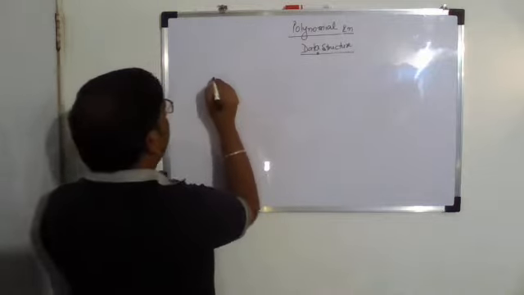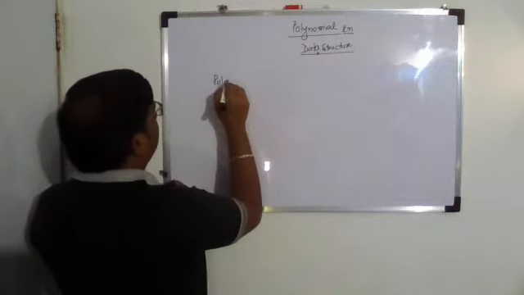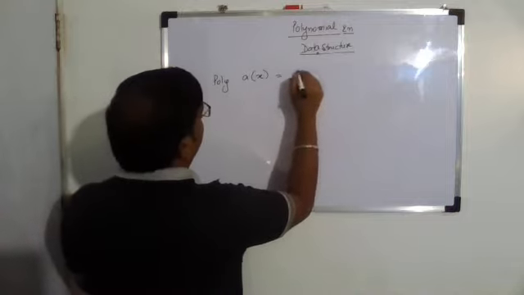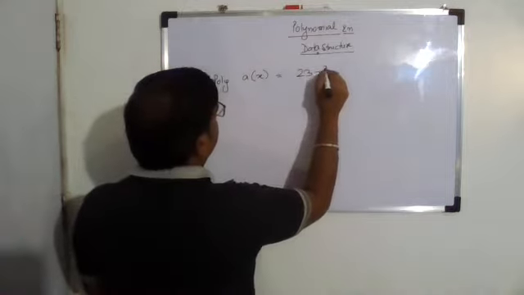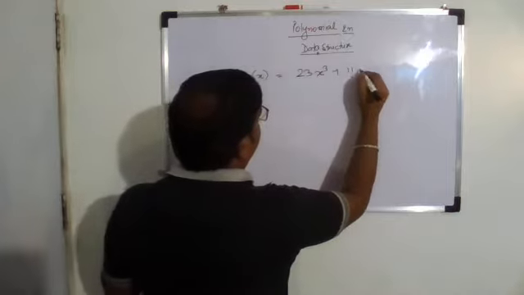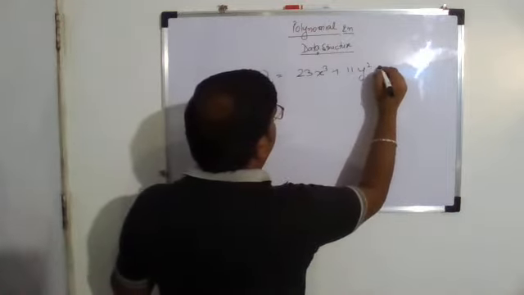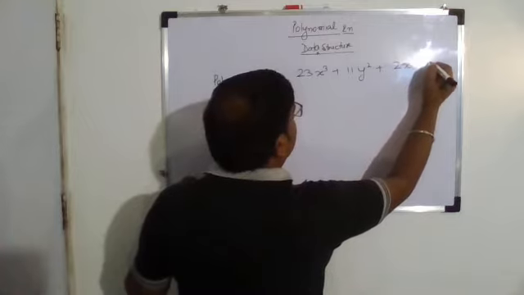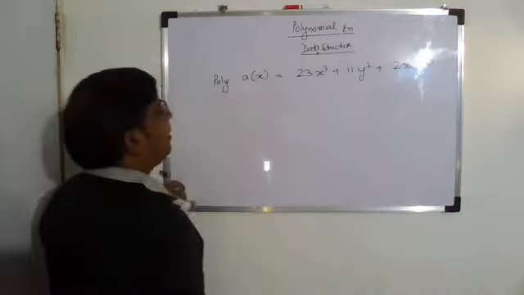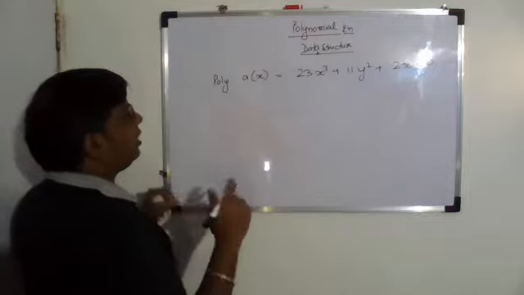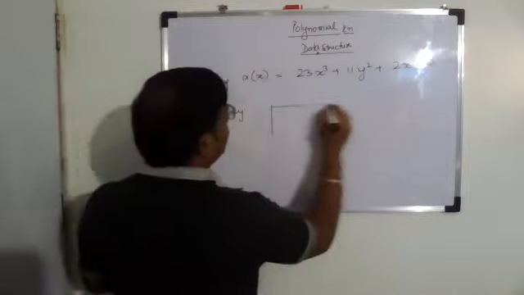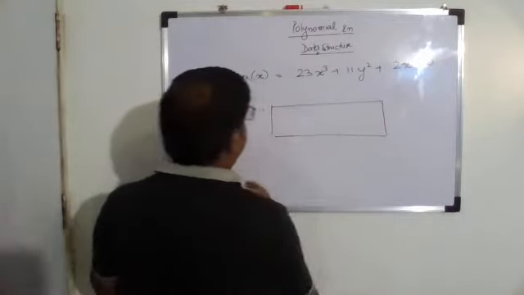Say assume that I have a polynomial, my equation A(x) is equal to 23x cube plus 11y square plus 2x equal to 0. So if I am representing the same using an array, the representation would be something like this.